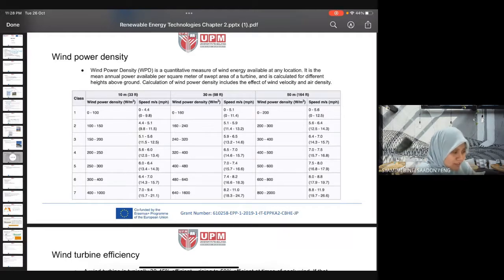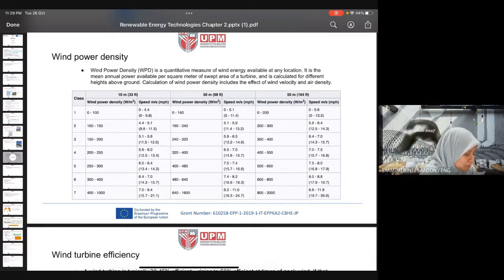For example, at 10 meters, at 30 meters, and at 50 meters, we have those power densities in watts per meter squared. So this measure depends on the area.